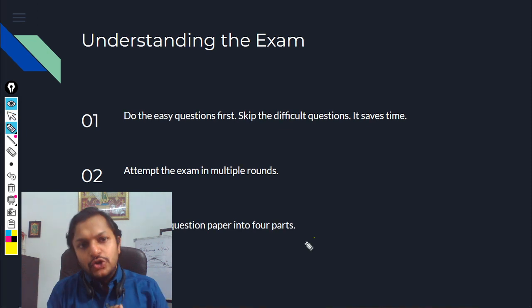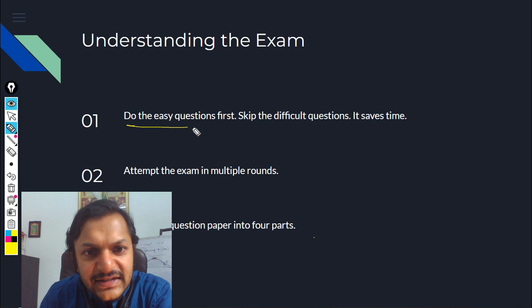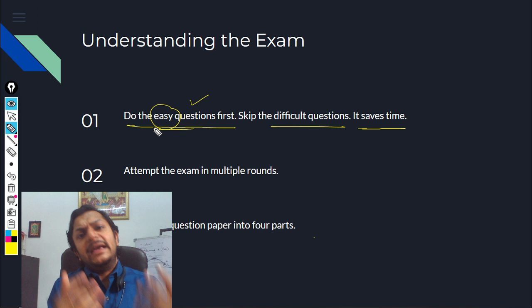What are those? Number 1, do the easy questions first and skip the difficult questions. It saves time. So what I have written is, first of all, when you go into round number 1 for your examination, you are supposed to complete all the easy questions. Now, what do you mean by easy question? The question that you know.